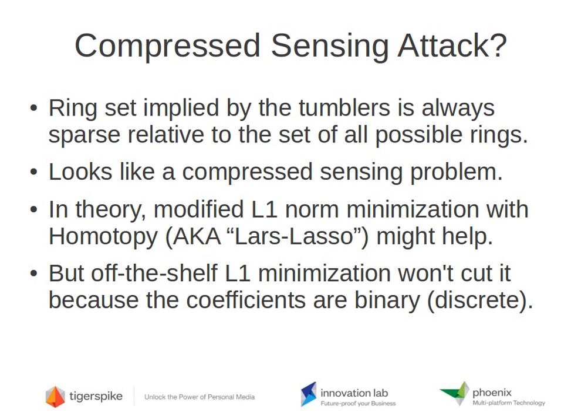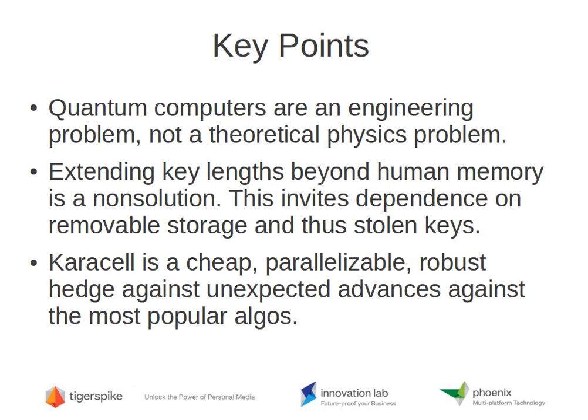However, it won't cut it in its existing form, nor will any other L1 minimization algorithm used for compressed sensing, because all of those algorithms presume that the coefficients of the addends are analog, but in this case, they're discrete. They can only be 1 or 0, and they're mostly 0. So there would have to be some kind of substantial modification to these algorithms in order to make them useful against Karacell. But it is a theoretical possibility.